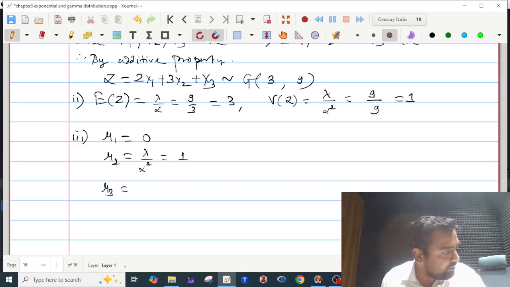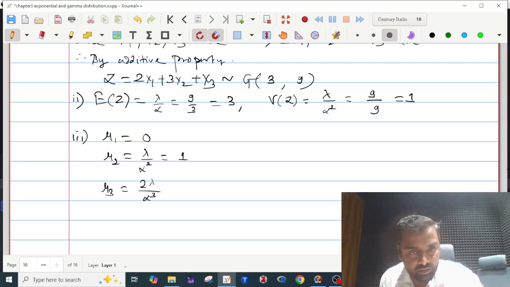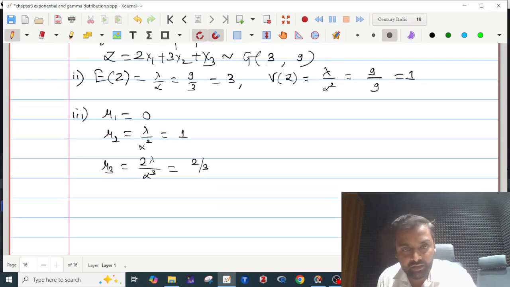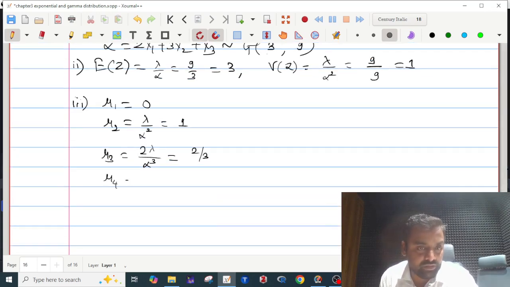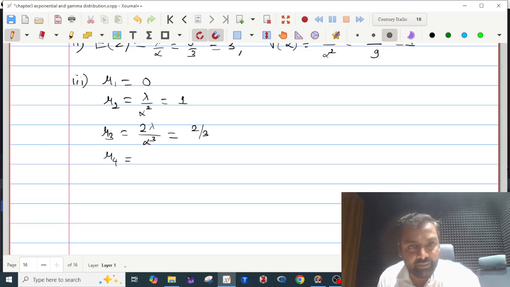Mu3 is 2 lambda upon alpha cube. If you put the values, you will get 2 by 3. And mu4 is equal to 6 lambda plus 3 lambda square divided by alpha raised to 4. Just plug in the values.